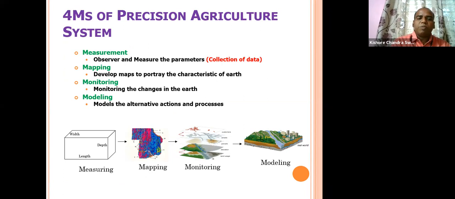And with this monitoring, we can develop a model. Model is like, if you look for a system where we have to get maximum profit, then we have to go for a model in that way. Or if you are targeting maximum profit margin, then you have to decide the inputs. On that basis, the farmers can get maximum profit.